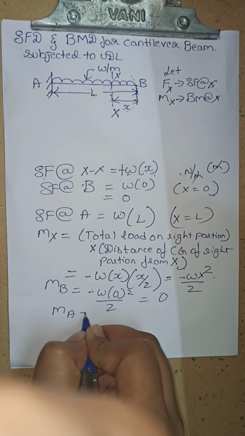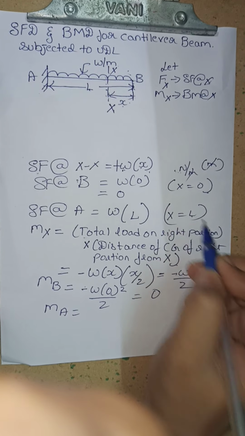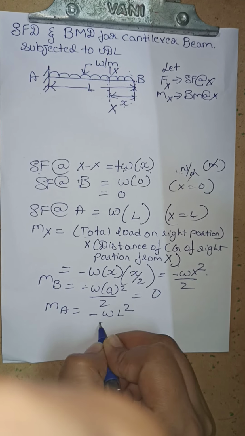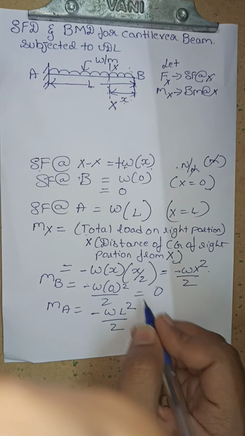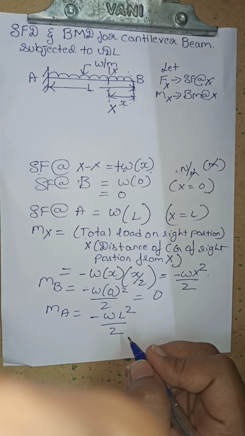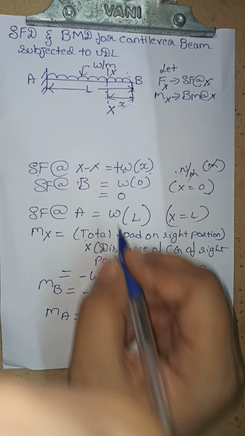Similarly at A, x is equal to L, so it will be minus WL square divided by 2. So this is the value of the bending moment at points A, B and X.